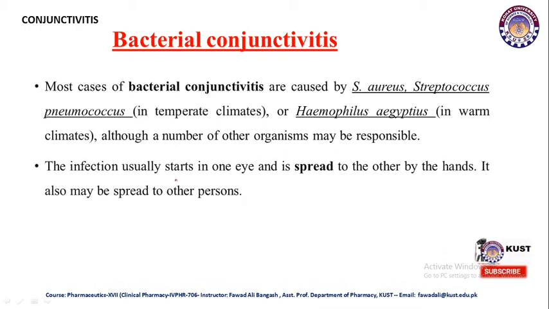The infection usually starts in one eye and spreads to the other by the hands. It may also spread to other persons, as it can be easily transferred from one person to another.